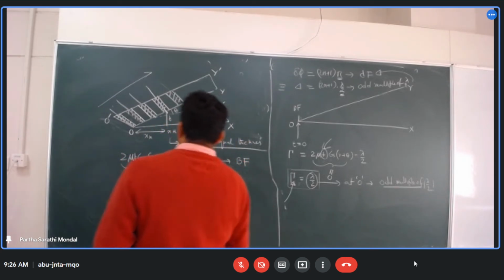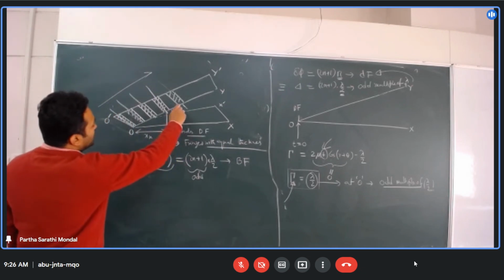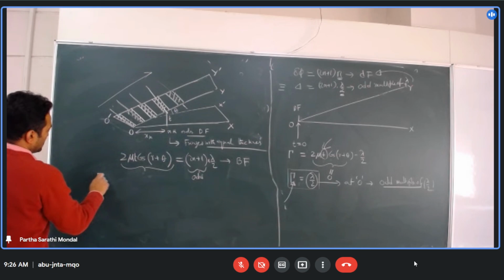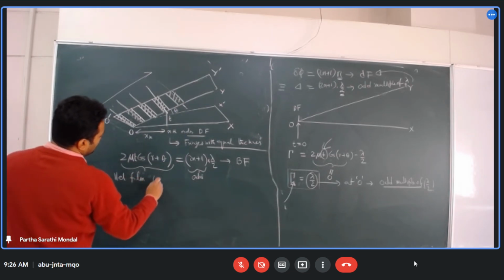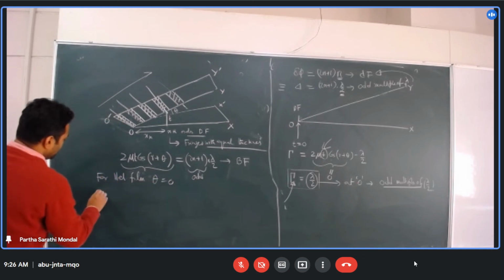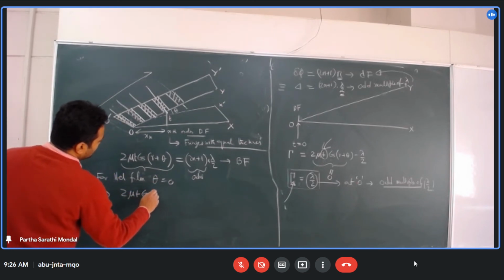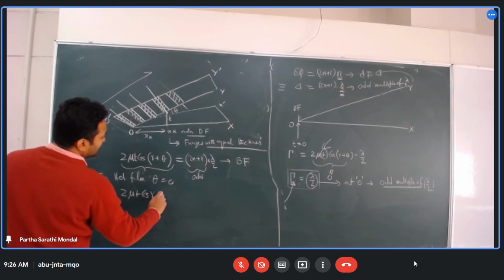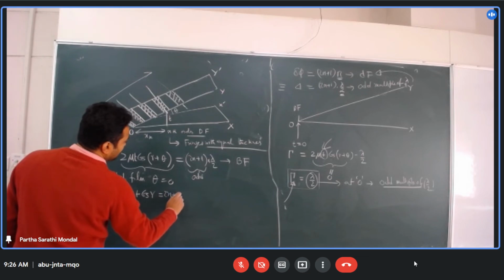So now for a parallel film, what will happen? In a parallel film, theta will become 0. So that means you can write 2 mu t cos r equal to 2n plus 1 into lambda by 2.